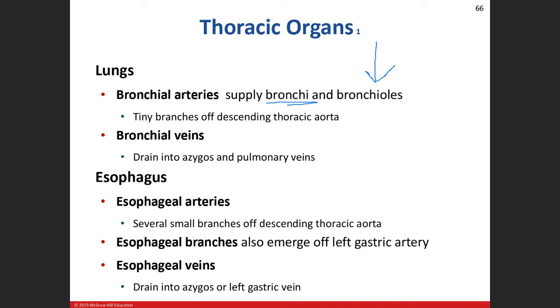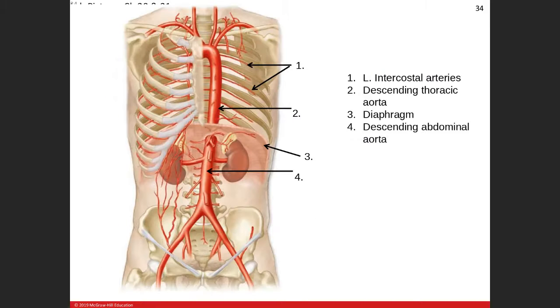And on your models, somebody asked me, I don't think I have it here, it might have been my other section. They were asking what these little cut arteries were.